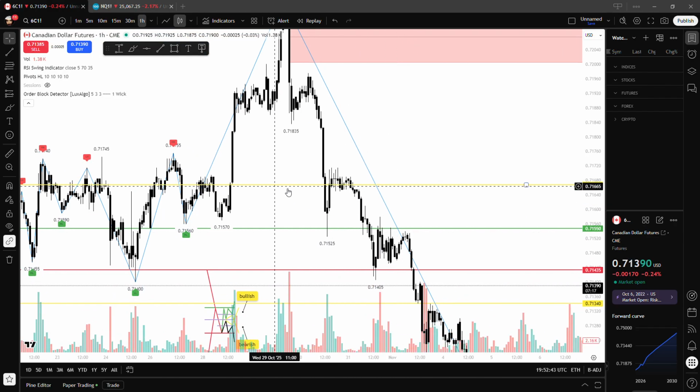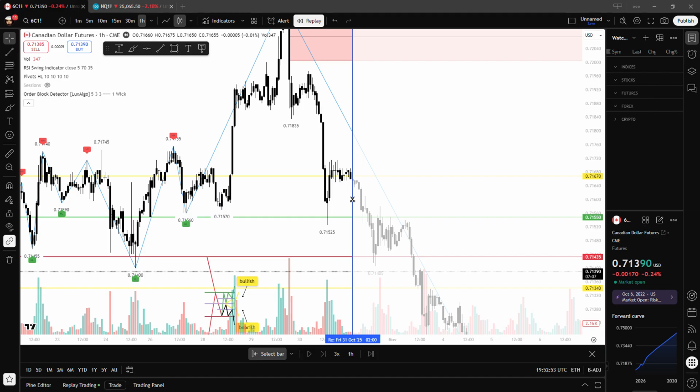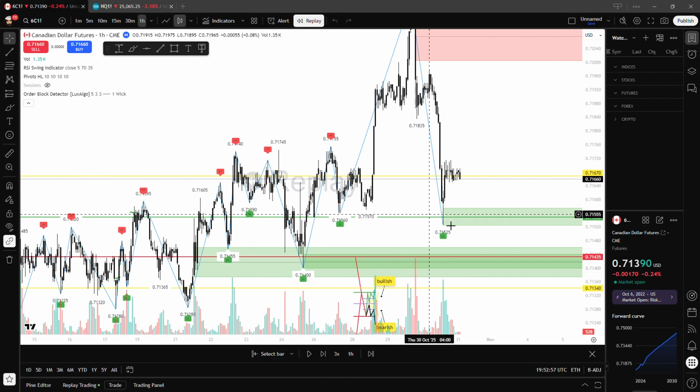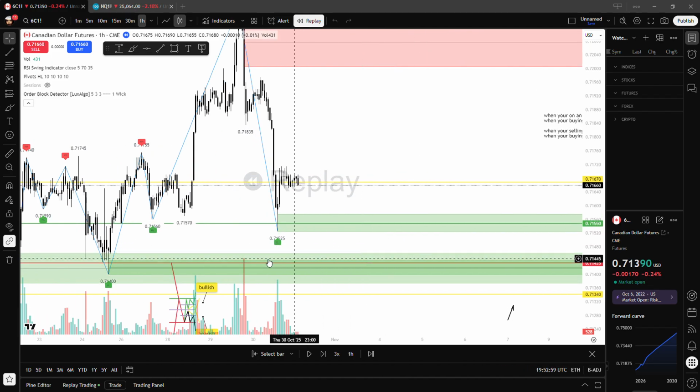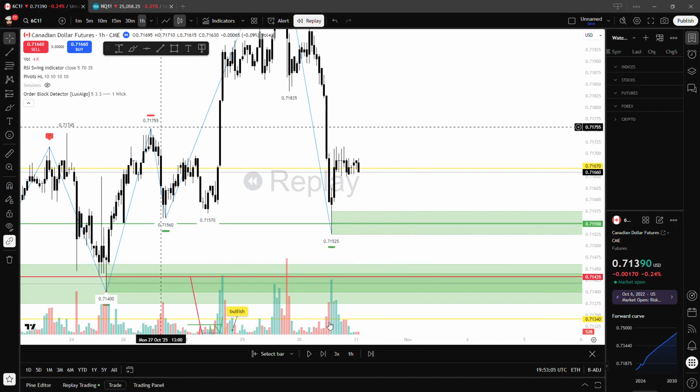And it's going down here. Indication from behind. So right now I want to sell because, okay, we're gonna replay it to this point. So right now I want to sell.